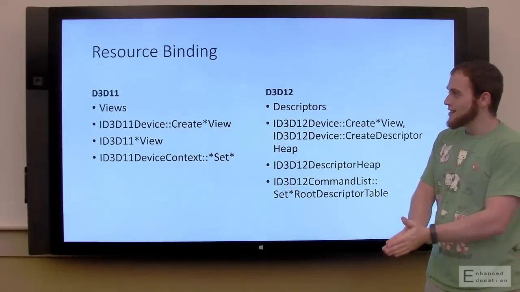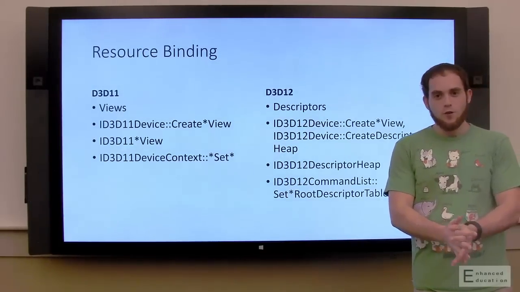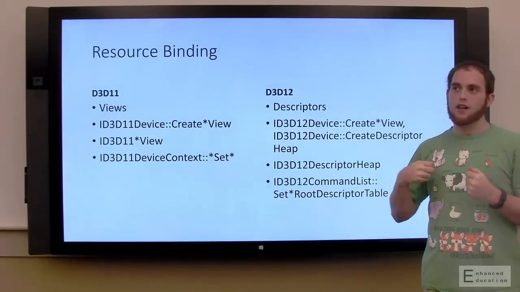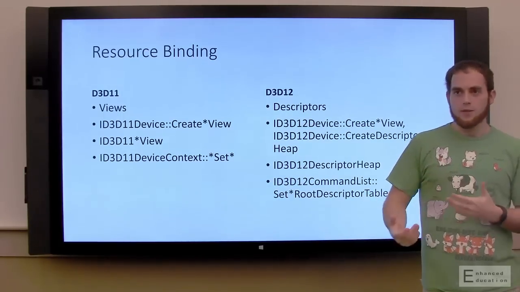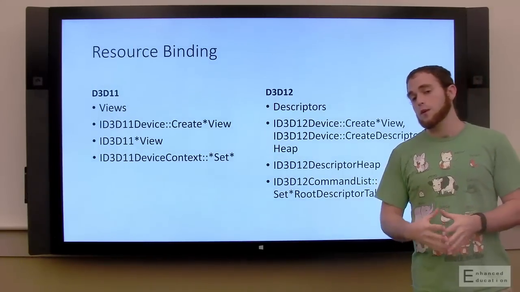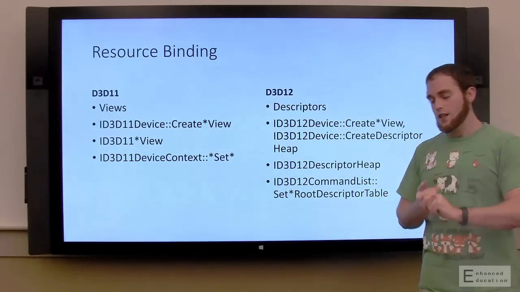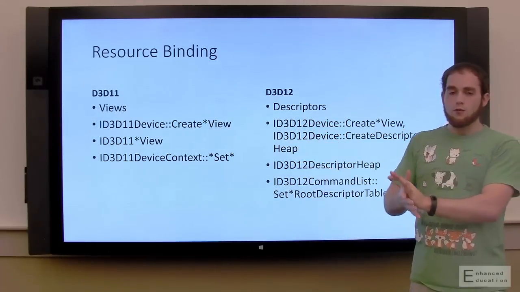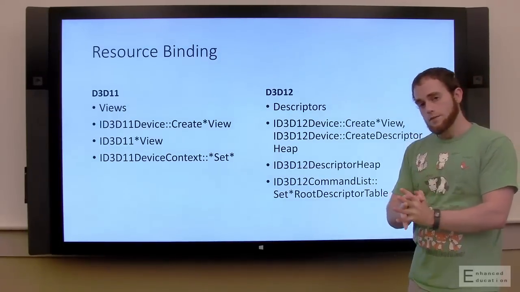Resource binding. One of the concepts in D3D11 that is very prevalent is the concept of a resource view. If you want to bind a render target or a depth stencil or a shader resource, something that you want to read or write from the GPU pipeline, you need to create a view of it. That entire concept in D3D12 has been replaced with the idea of a descriptor.